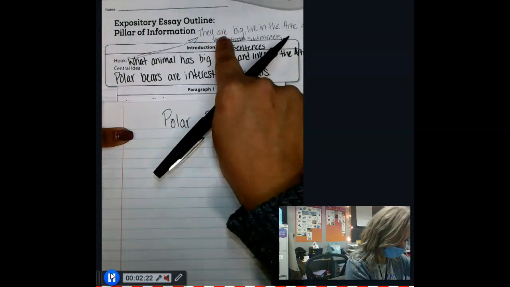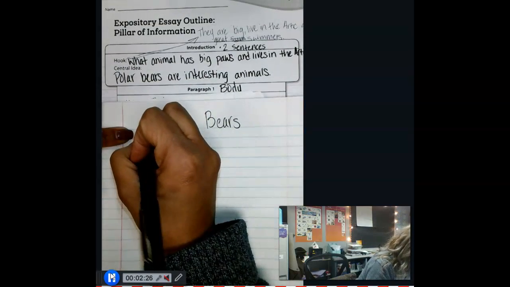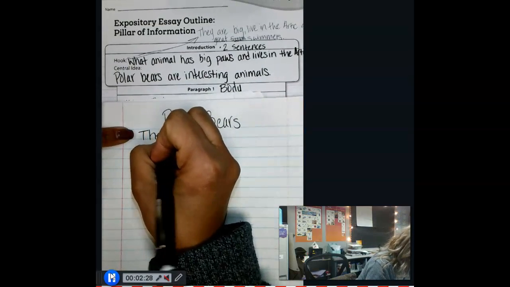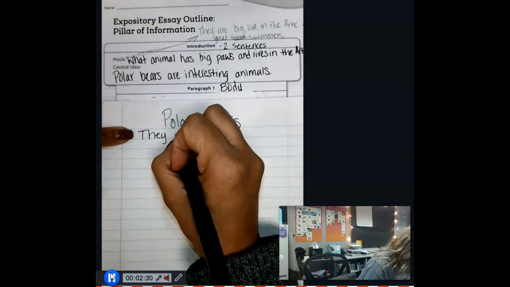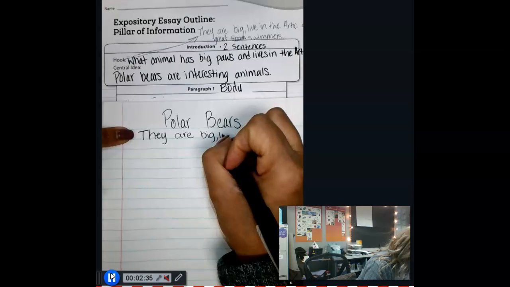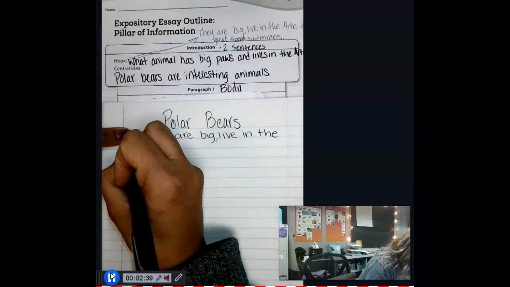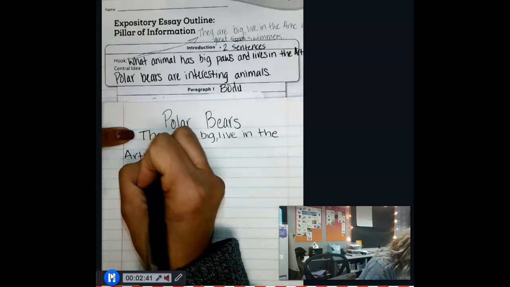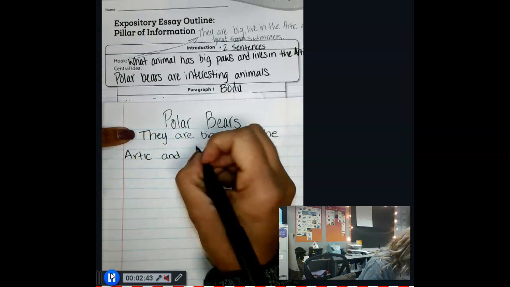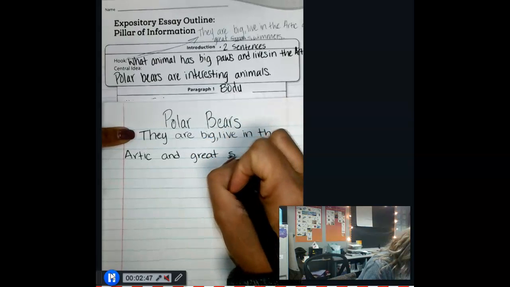So my hook that I'm going to use is the top one, because I like it better. After I wrote it, I rewrote this one. So they are big, live in the Arctic, and are great swimmers.